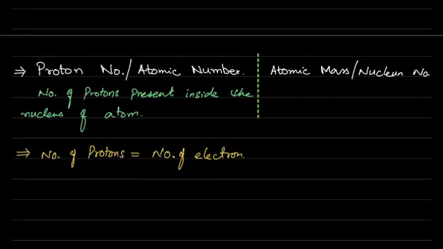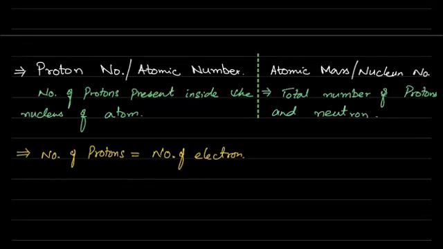And atomic mass or nucleon number is the total number of protons and neutrons. Total number of protons and neutrons is known as atomic mass number or nucleon number.